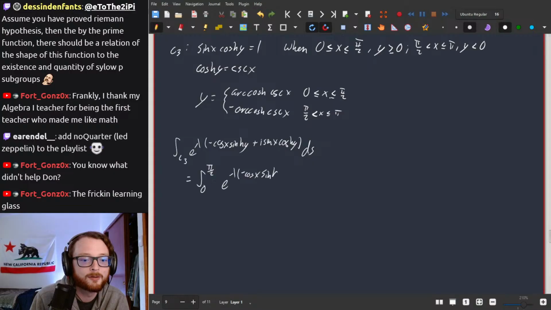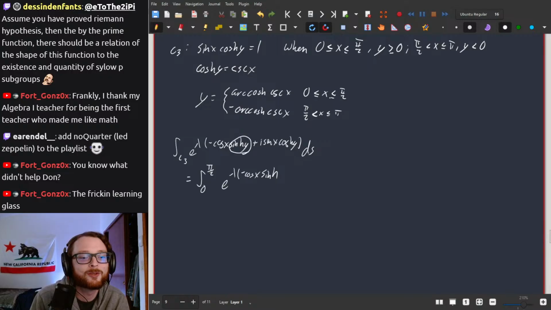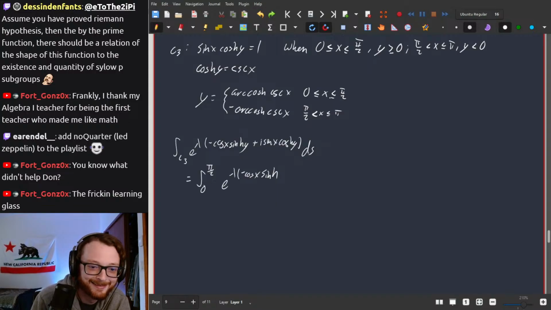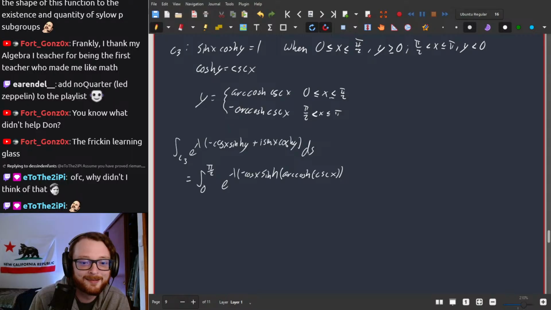Oh my god. Oh no. We're gonna have Sinh of Arc-Cosh of cosecant. Oh, what a function that is. This will be Cosh of arc-Cosh, so we get a nice little cancellation there.